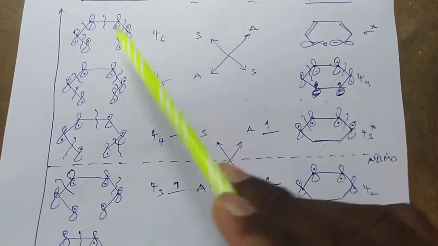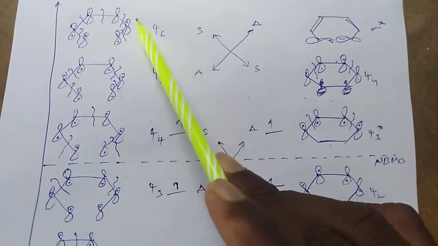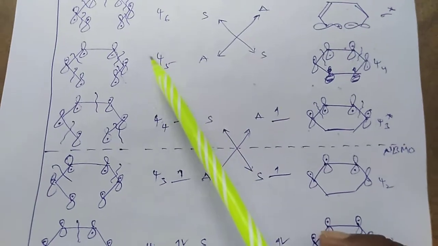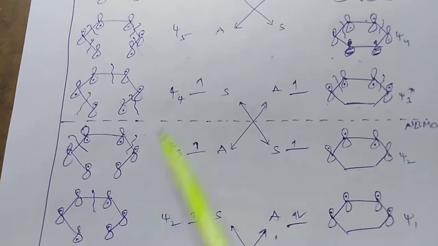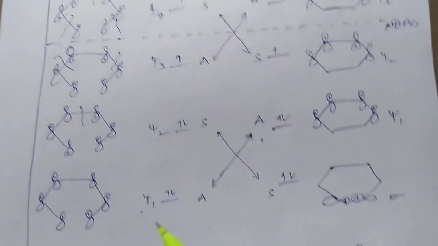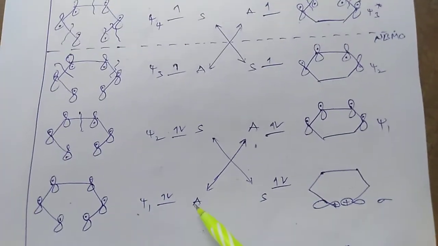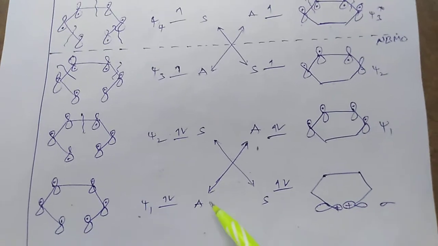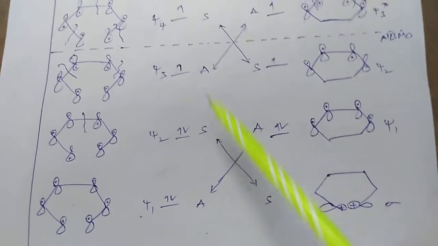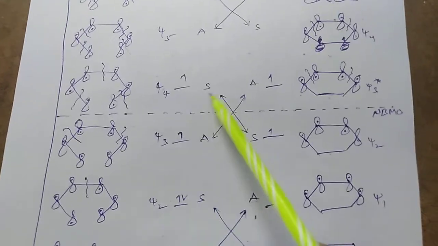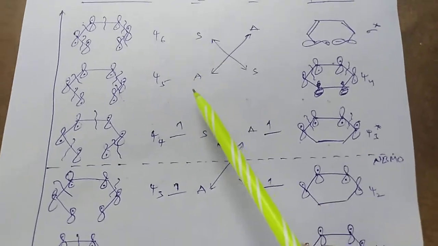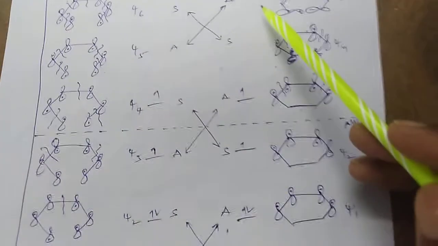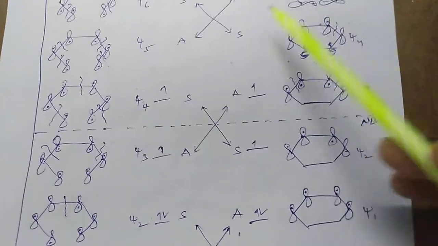Psi6 molecular orbital has 5 nodes: 1, 2, 3, 4, 5. Psi5 has 4 nodes. Psi4 has 3 nodes. Psi3 has 2 nodes. Psi2 has 1 node. Psi1 has 0 nodes. Symmetry elements: Psi1 is A, Psi2 is S, Psi3 is A, Psi4 is S, Psi5 is A, Psi6 is S. For the product side molecular orbitals, they maintain the same symmetry elements.